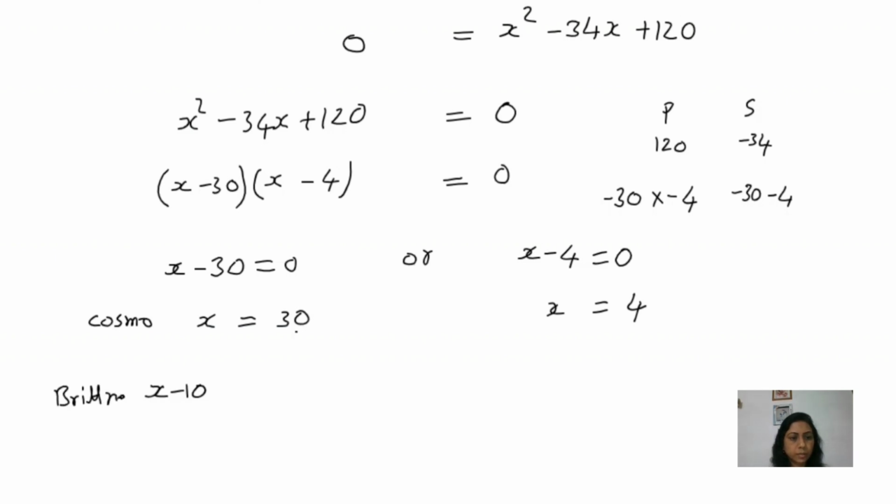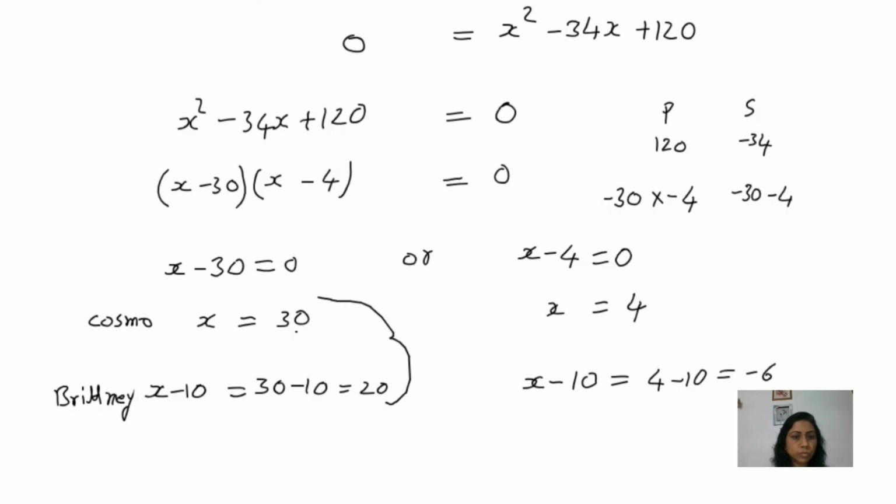I hope I pronounced the name correctly. So 30 minus 10 is 20 days for Brittney. For x equals 4, Brittney would be 4 minus 10, which is negative 6, but days cannot be negative, right? So our answer is this one.